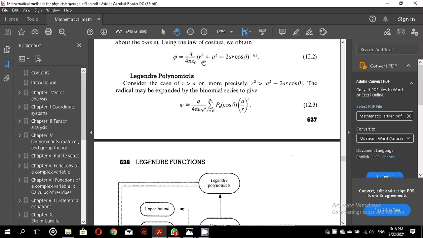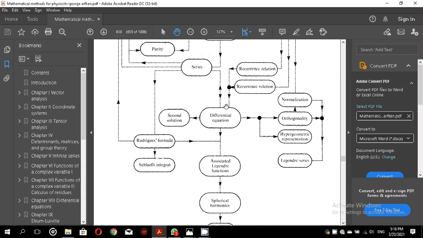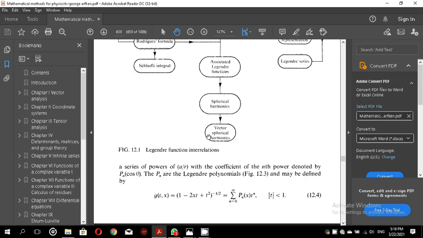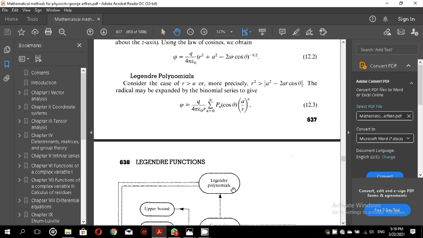You will immediately feel that this expression is quite close to the generating function of the Legendre polynomial, which is this one: 1 over (1 minus 2xt plus t square) power minus half is equal to the sum of Legendre polynomials Pn(x) into t to the power n, with n changing from 0 to infinity. So this expression is quite similar.